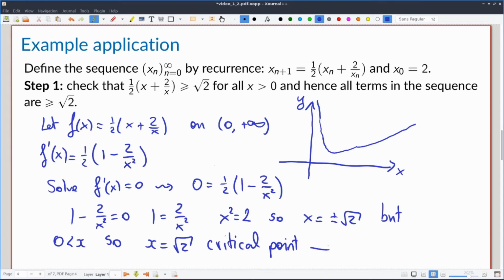And since there's only one, that must be the minimum. Okay, so now let's grab us a new page and keep going.